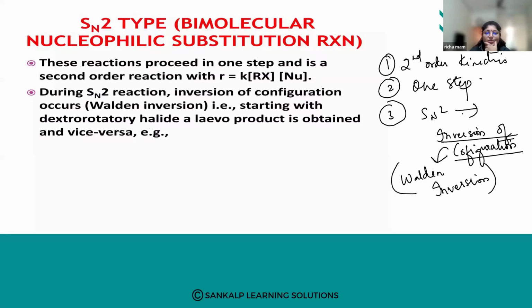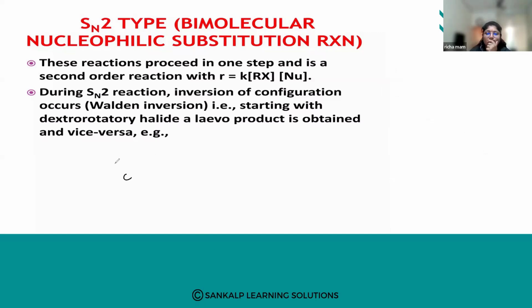Okay, so what do you mean by that? Now suppose this is CH3Br, methyl bromide. So what will happen here?